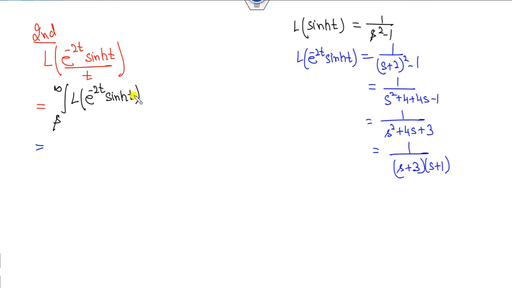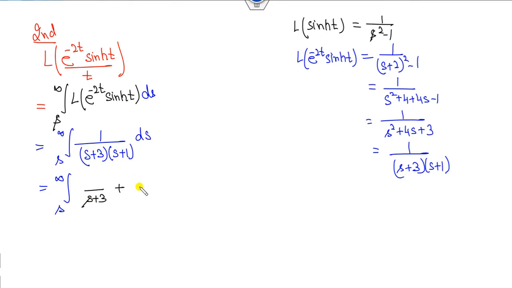So I can substitute here. It is the integral from s to infinity of 1 over (s plus 3)(s plus 1). Now how can you integrate them? I can use the partial fraction. It is s plus 3 and s plus 1. So I hope all of you know how to do the partial fraction.